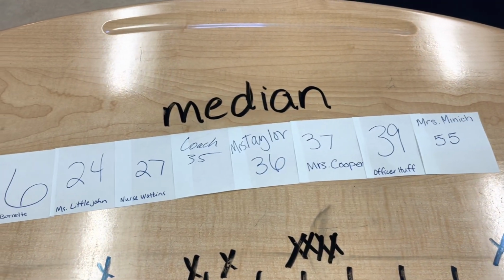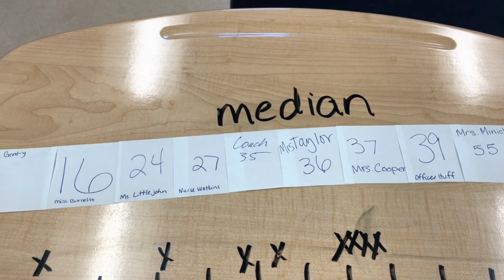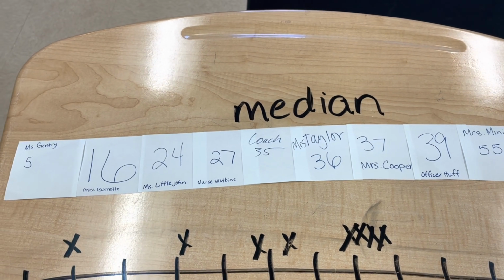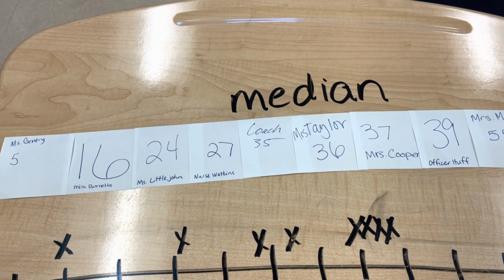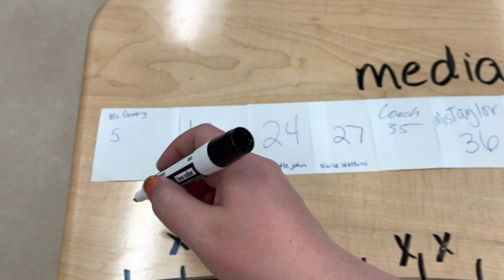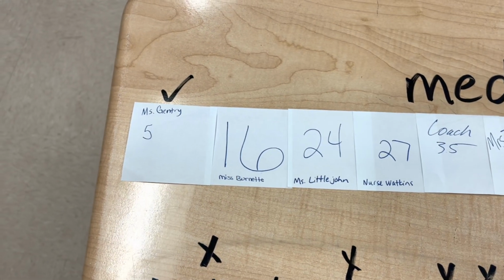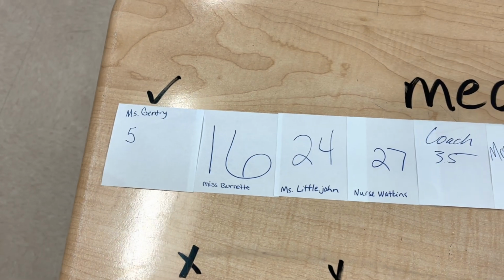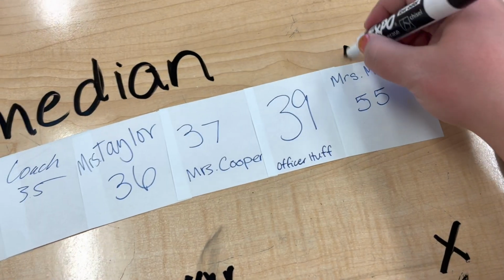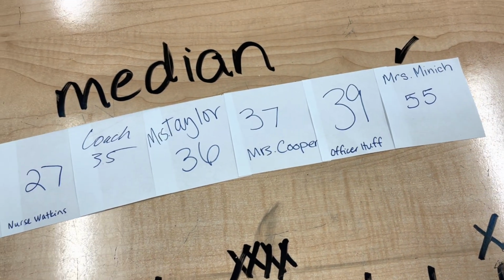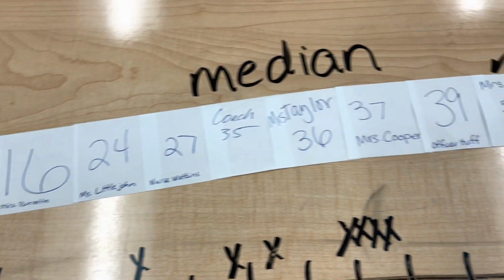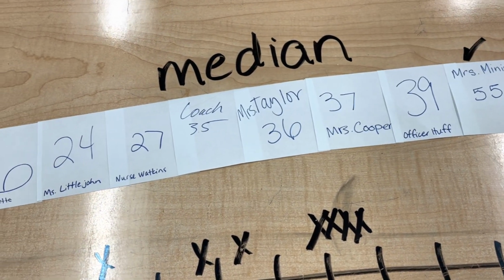So all we have to do is find literally the number that is in the middle. So what I'm going to do is start at the front, and I'm just going to put a check right there, because I'm going to take one from the front and one from the back. Okay, and I'm just going to keep doing that back and forth until I find the number that's in the middle.